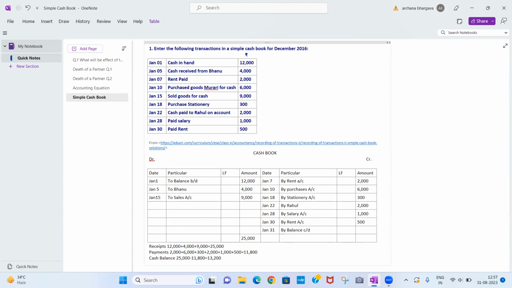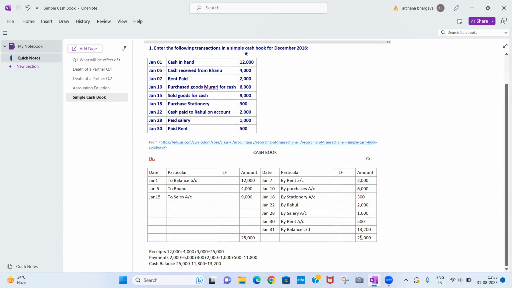It means it will be carried down to the next month. And the amount is 13,200 rupees. And the total of the credit side also becomes 25,000.